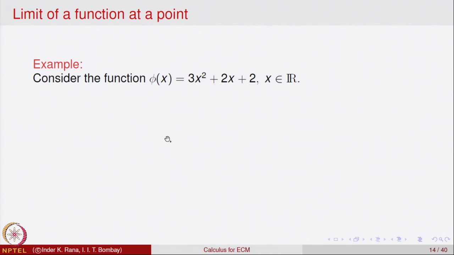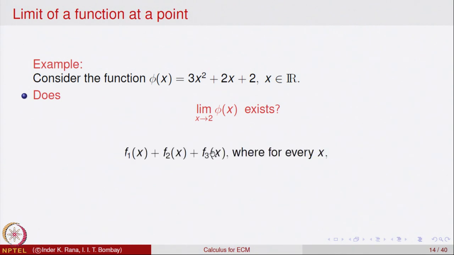We can think of this as a sum of 3 functions. We want to know what is the limit of this as x goes to 2, does it exist or not. To do that, let us break phi into 3 parts. The first part will be f1, the second part is 2x, and the third part is the constant function 2.